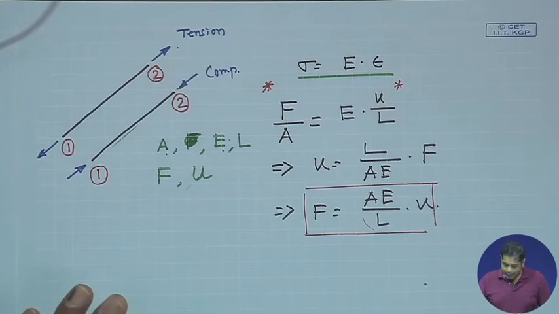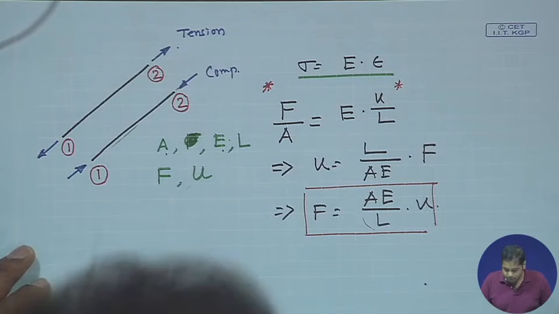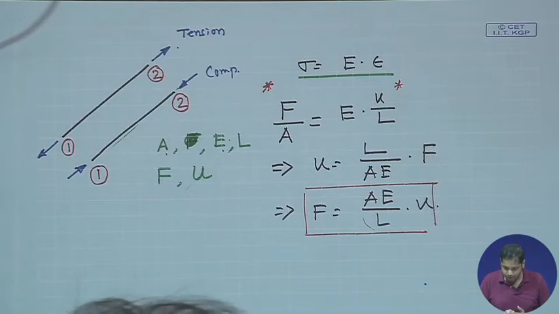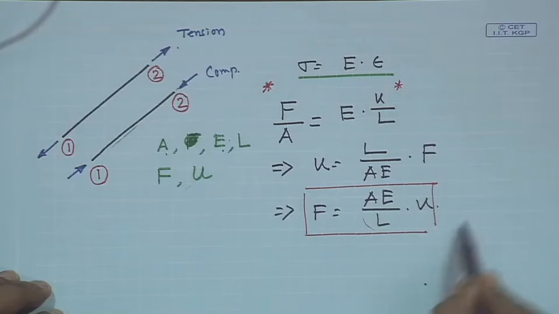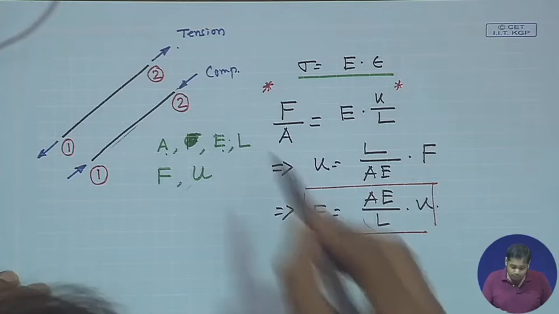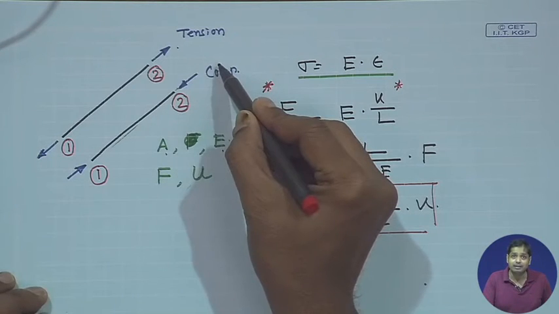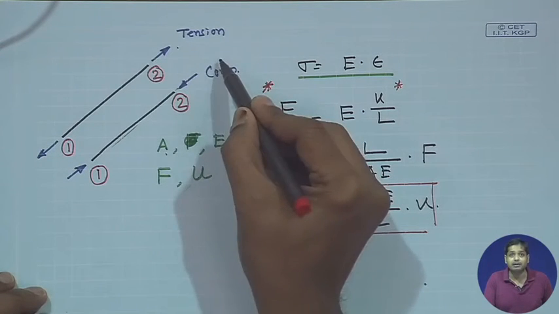Now here we introduce a very important concept of local coordinates and global coordinates. When we write these expressions, we assume the forces are in this direction and the displacements are also in this direction.